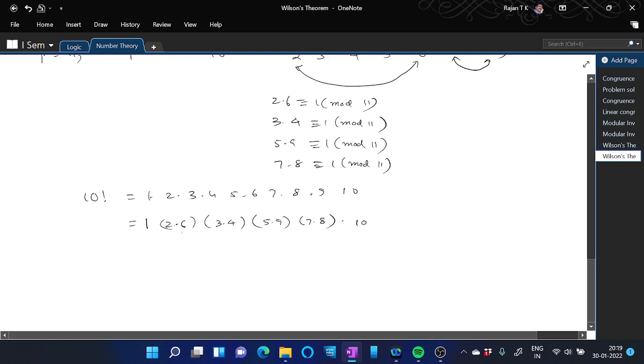And therefore 2 into 6 is congruent to 1 mod 11, 3 into 4 is congruent to 1 mod 11.